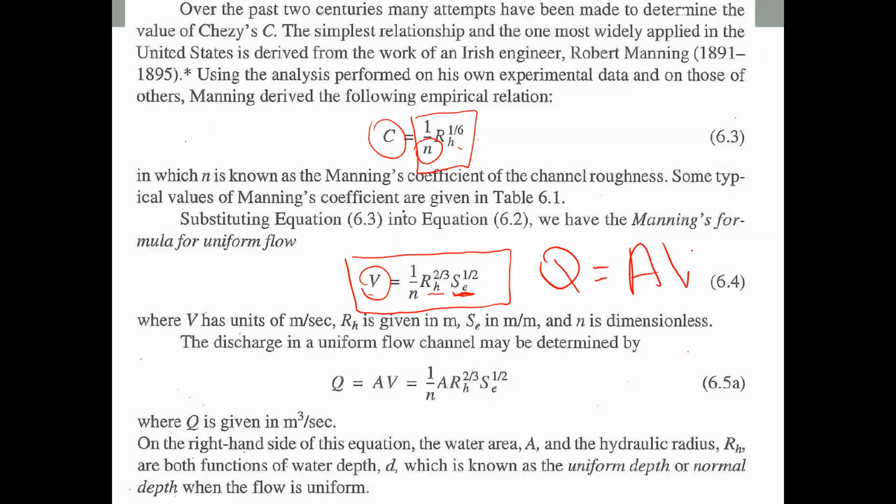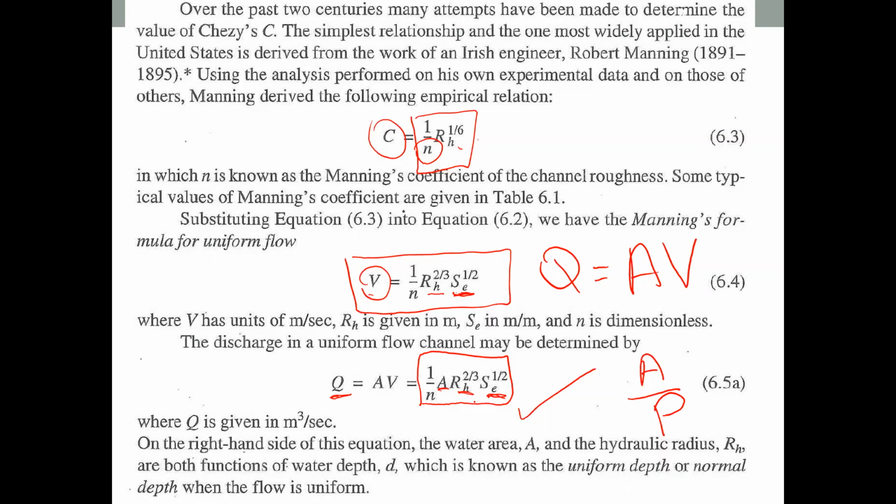What we need to understand in a channel is the flow rate, not the velocity. So we can write this Q in terms of the area and the velocity. So this is the final equation that we use. Here, A is the cross-section area of the channel. This is the hydraulic radius. Hydraulic radius is equal to area divided by the wetted perimeter. And SE is the slope of the EGL line. So these are the parameters we need to find the flow rate.